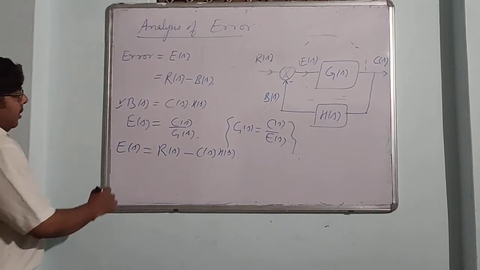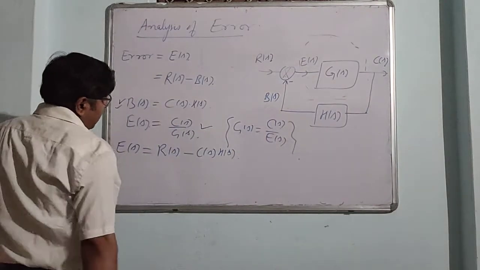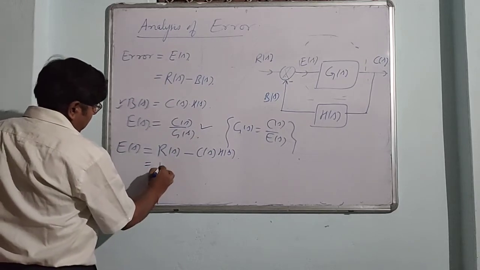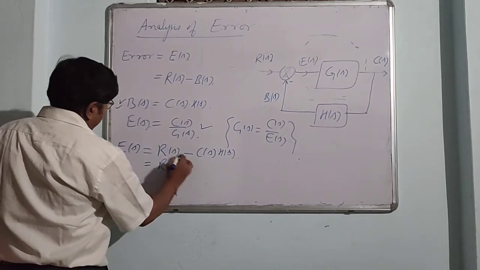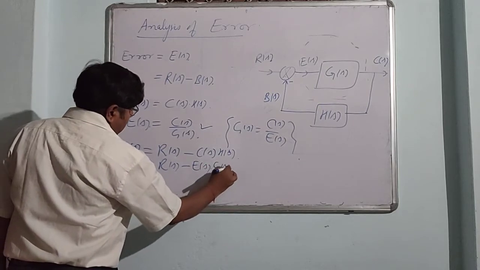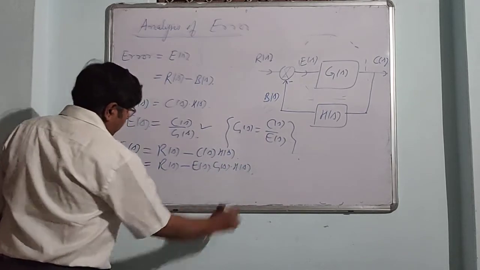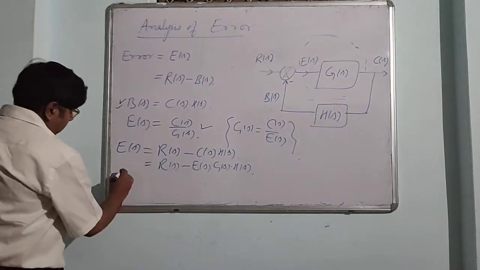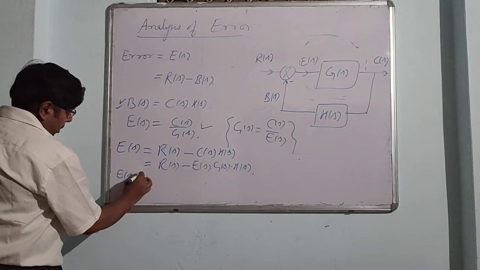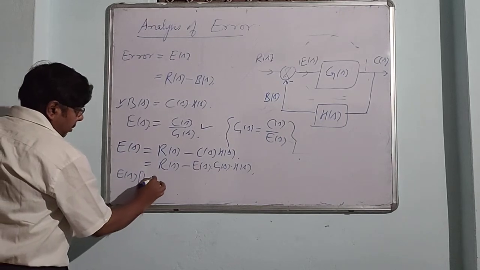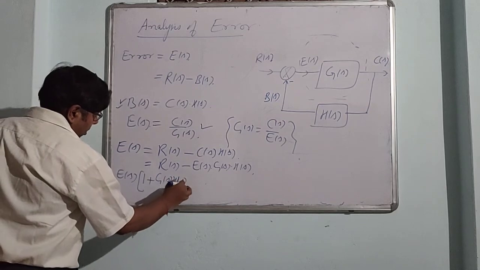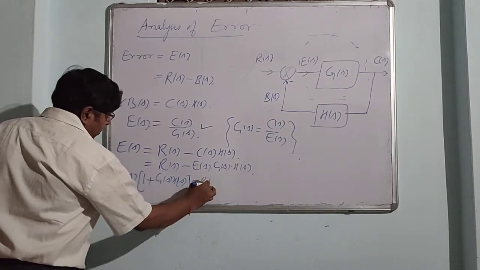And from here you can write C(s) equals R(s) minus E(s) into G(s) into H(s). You can transfer this E(s), so you can take E(s) common, and you can write E(s) times 1 plus G(s)H(s) equals R(s).